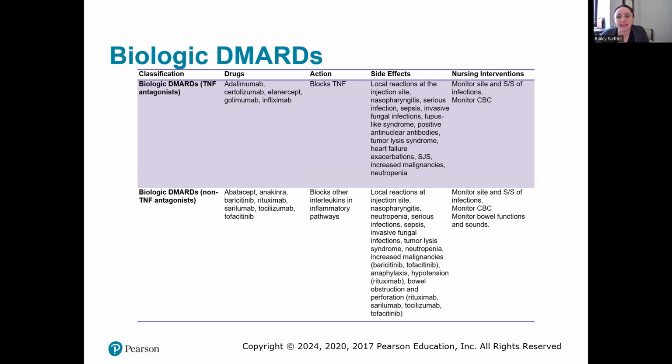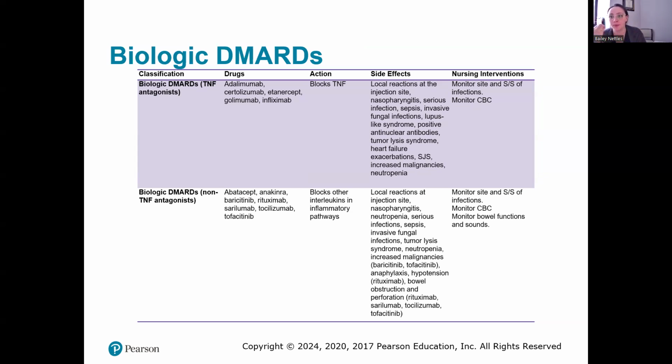So the first one, the TNFs, a lot of these are sub-Q, some of them are IV, but these are sub-Q injections, so local reactions at the injection site, that makes sense, right? If I'm immunosuppressing someone, they may have a rebound effect, like just as soon as you poke them and break the skin, it turns red and wants to get infected, and it's really not, it just might be red or painful.